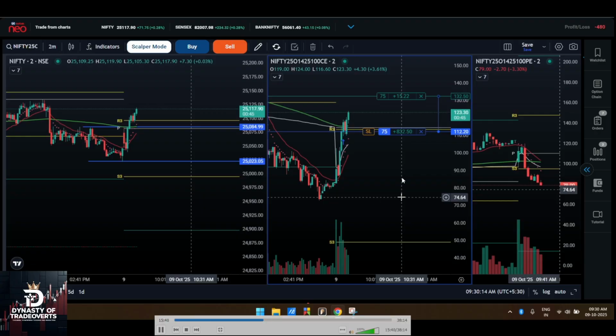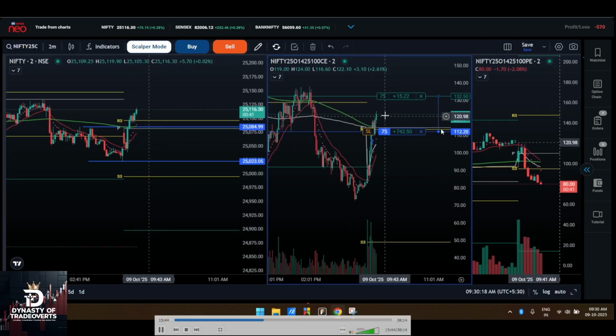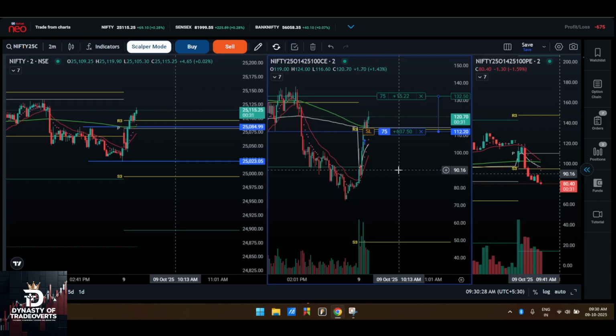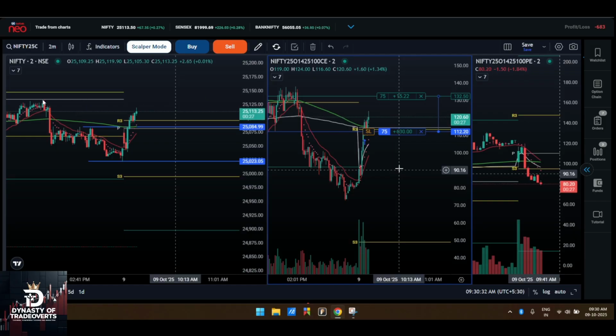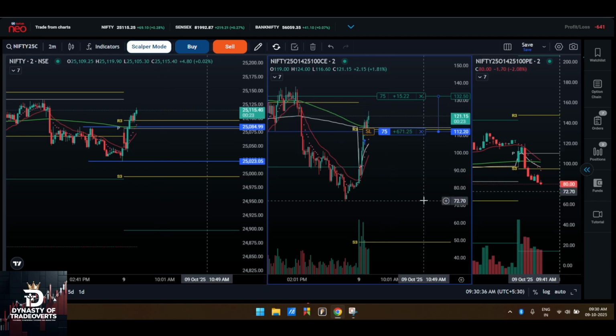I'm already getting 11 points in this trade, but I am waiting for my 20-point target. I can see that there are so many resistances in this area, yesterday, on the call premium side, and also in Nifty. It's a resistance area here, yesterday's high, but at this point I am not focusing on that.